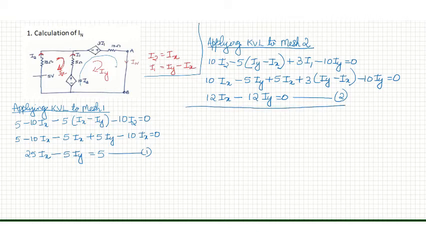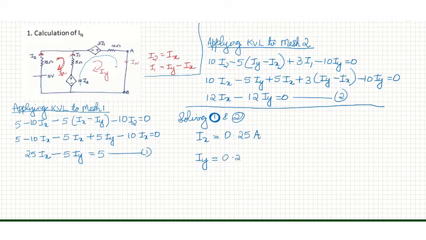Now upon solving equations 1 and 2, we will get the values for IX and IY. IX is equal to 0.25 ampere. Now from this circuit, it is clear that this current is IN. IN is the same as loop current IY.